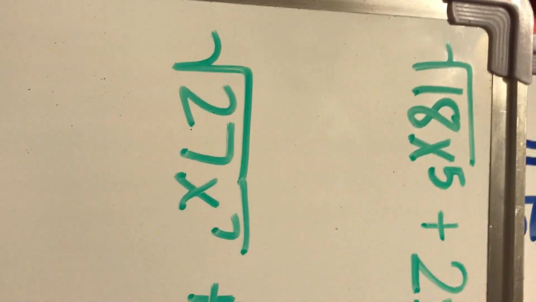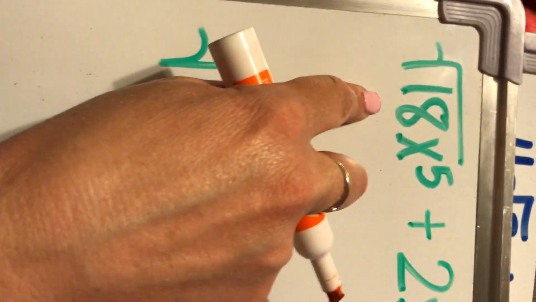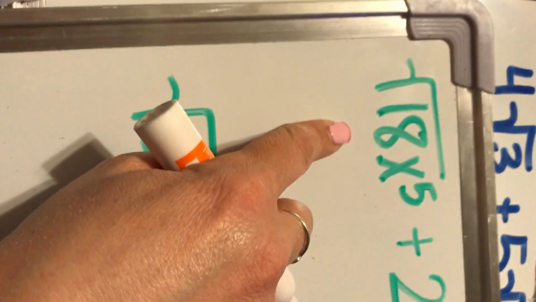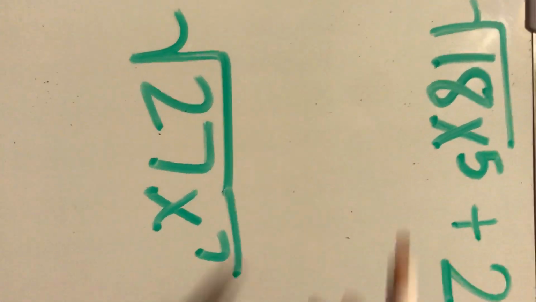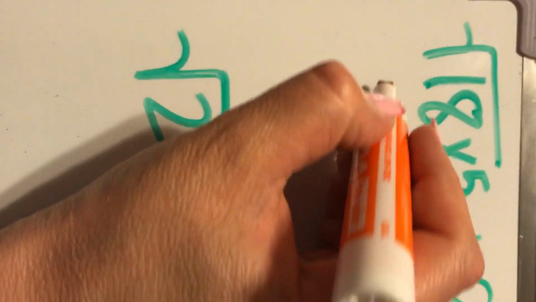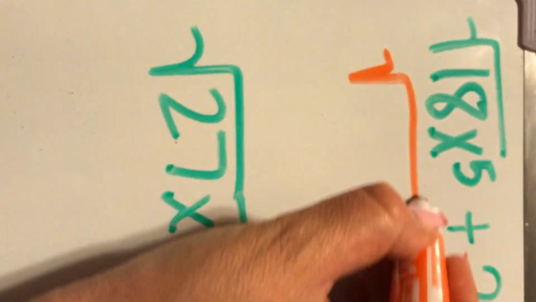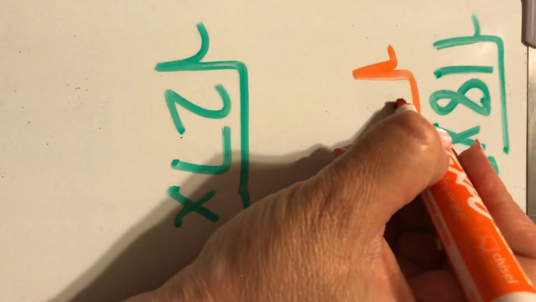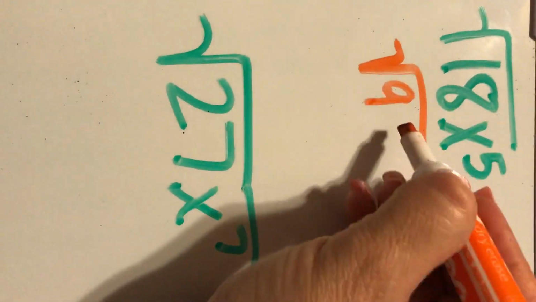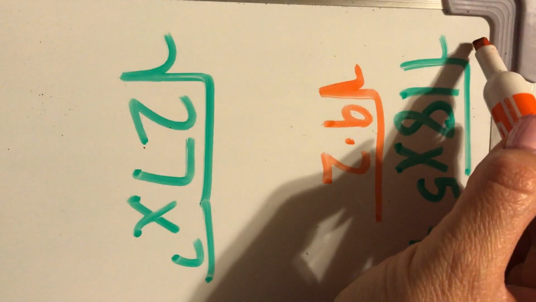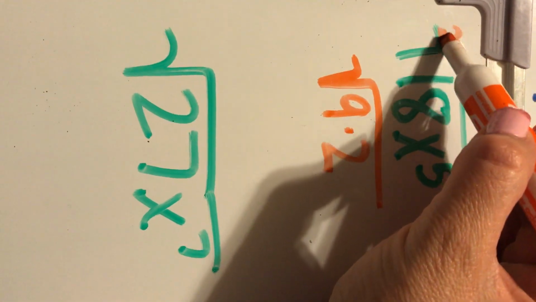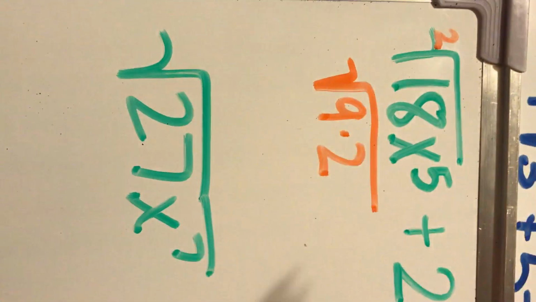When we're simplifying radicals, remember what we're doing is factoring the number that's within the radical by considering what the perfect square factors are. In this case, 18 has a perfect square factor of 9, and that's 9 times 2. Now, because there's no number written up here for the index, that means that it's a square root, so it's to the second power.